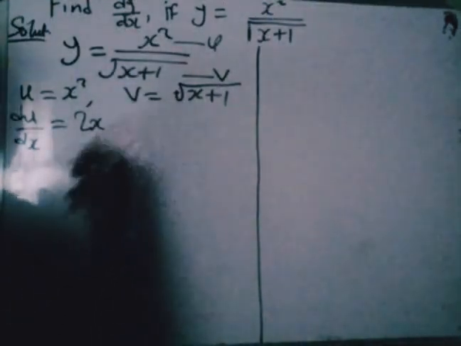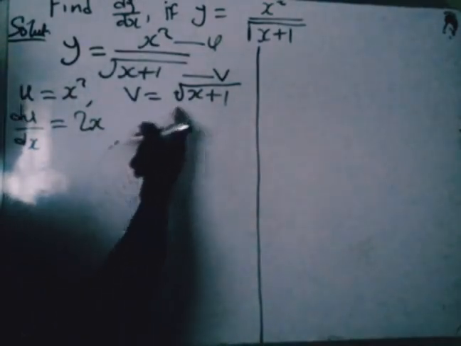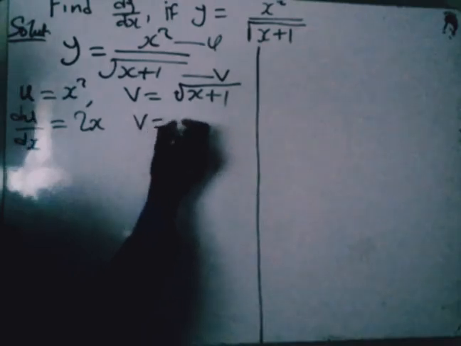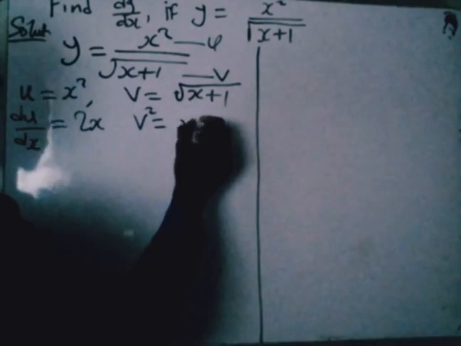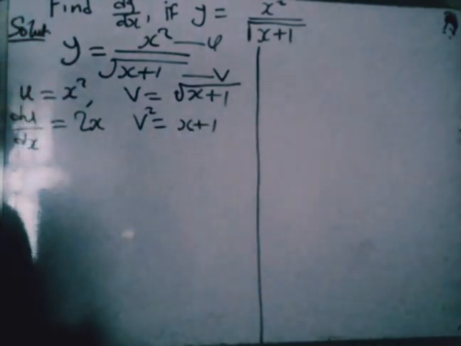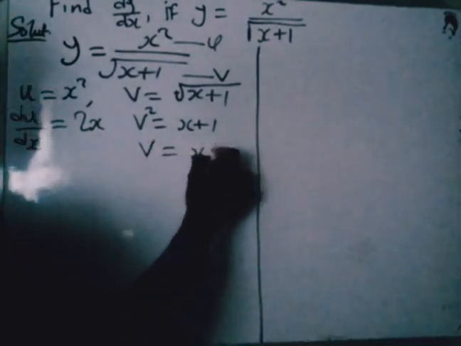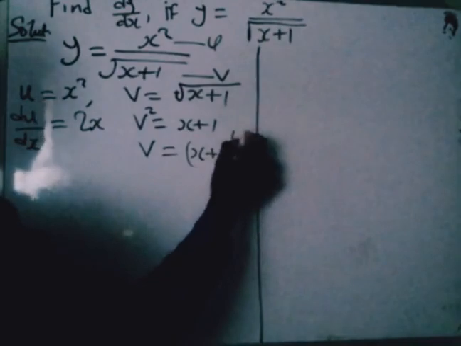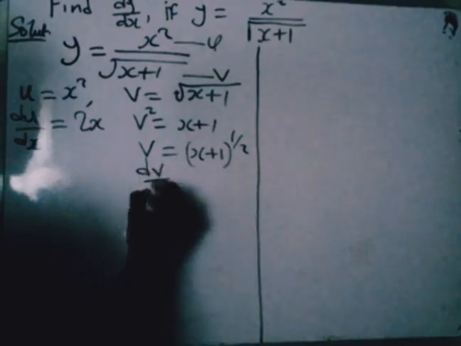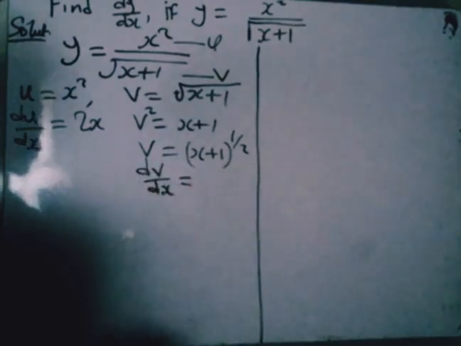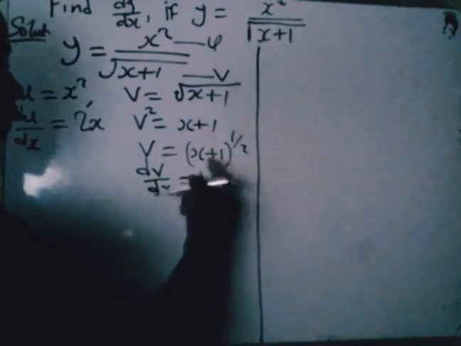The same happens here. There are two ways we can do this. This can be written as v squared equals x plus 1, or v equals (x plus 1) raised to the power of 1/2 because of the square root. So dv/dx is equal to, you bring this half down, then differentiate what is inside.